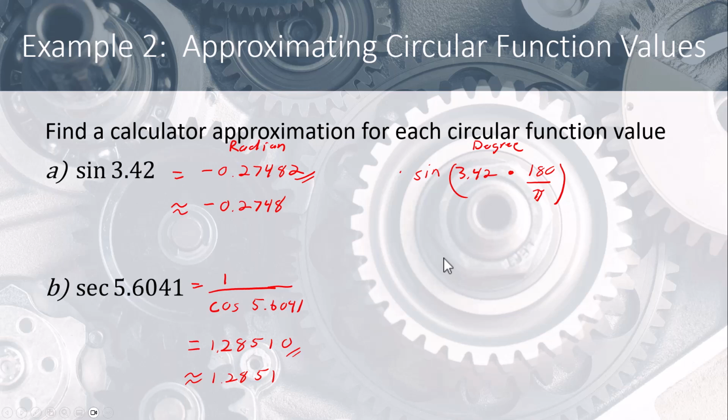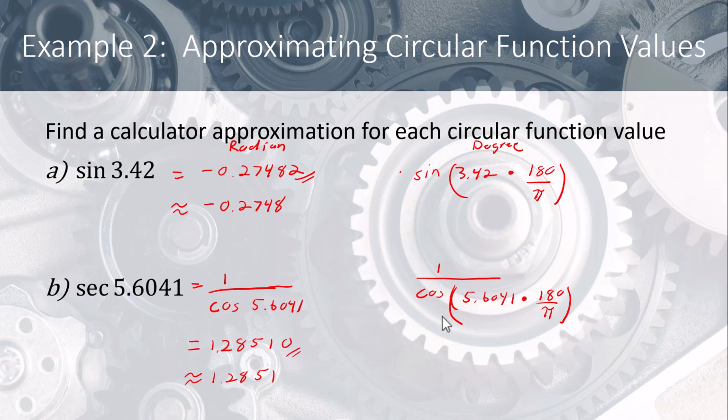And then for the last one, we can write this as 1 over cosine 5.6041 times 180 divided by pi. I should have made that a little bigger.